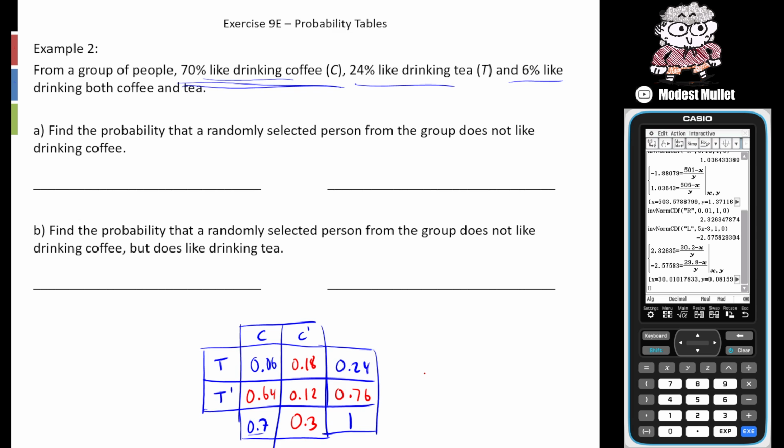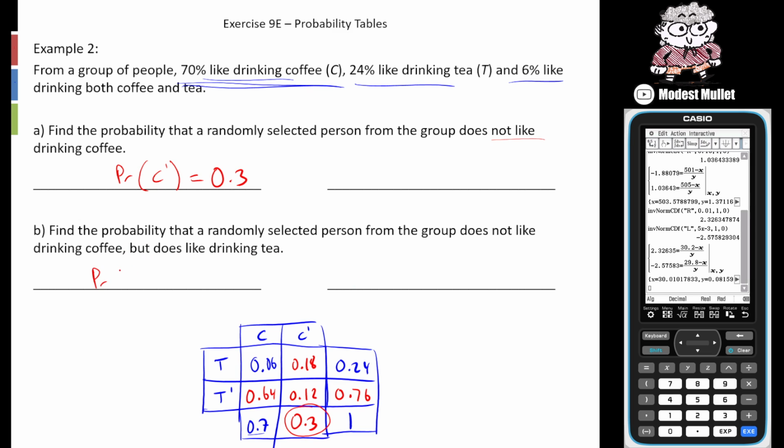There we go. So now we have that, we can answer these questions. Find the probability that a randomly selected person from the group does not like drinking coffee. So we want to find the probability that they don't like drinking coffee, which happens to be 0.3. Find the probability that a randomly selected person from the group does not like drinking coffee, but does like drinking tea.